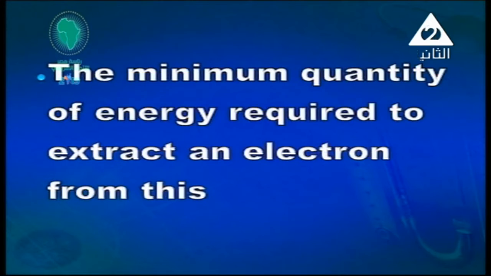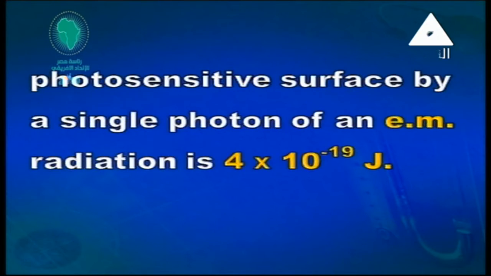The minimum quantity of energy required to extract an electron from this photosensitive surface by a single photon of an electromagnetic radiation is 4 times 10 to the power of negative 19 joule. Okay.